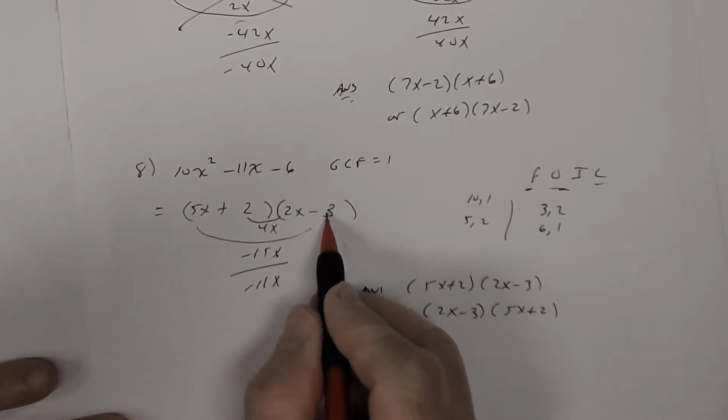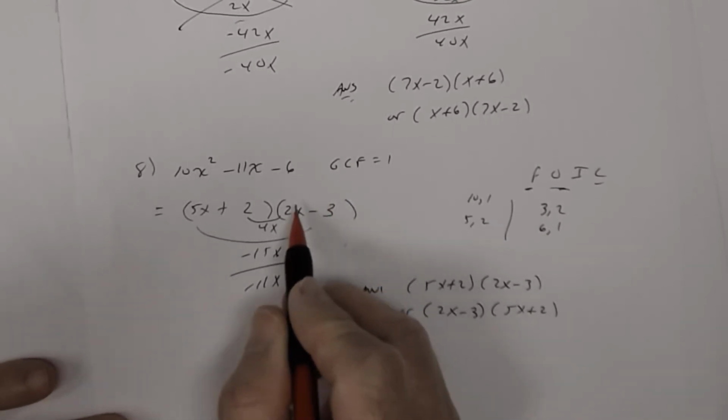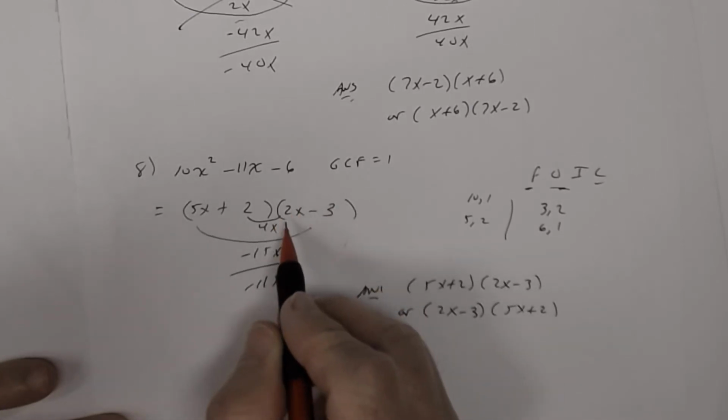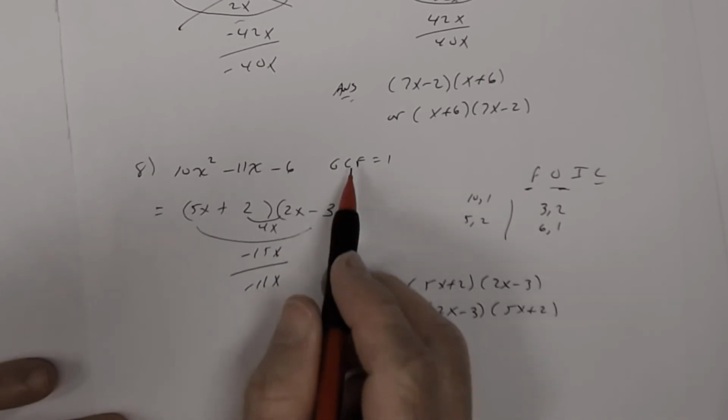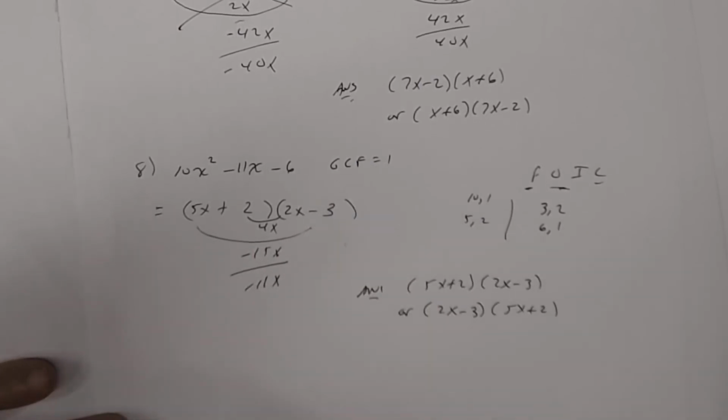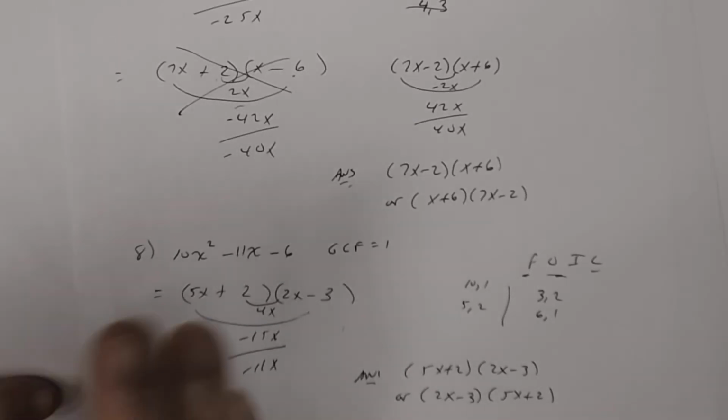So when we put the 2 here, remember I asked you, can I factor out anything here? The answer was yes, because I could take out a 2, which meant that the GCF is no longer 1, and it is 1. Okay? All right, so think about all of this.